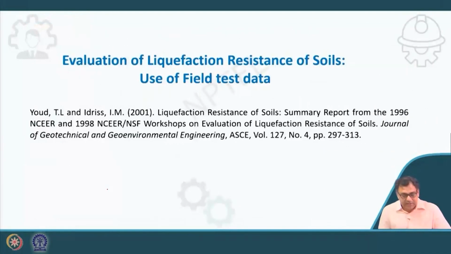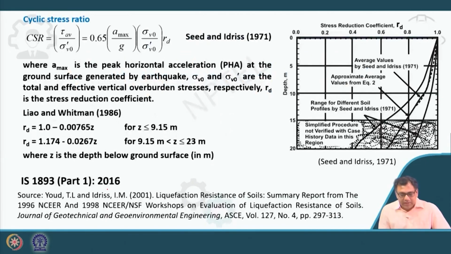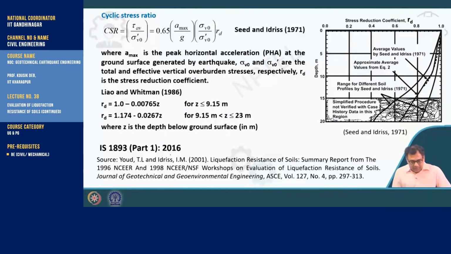Initially I discussed the cyclic stress ratio for the stress required to cause liquefaction, or the resistance, so initially both were represented by CSR. But now CSR is basically the cyclic stress ratio, which is tau AV divided by sigma V bar.